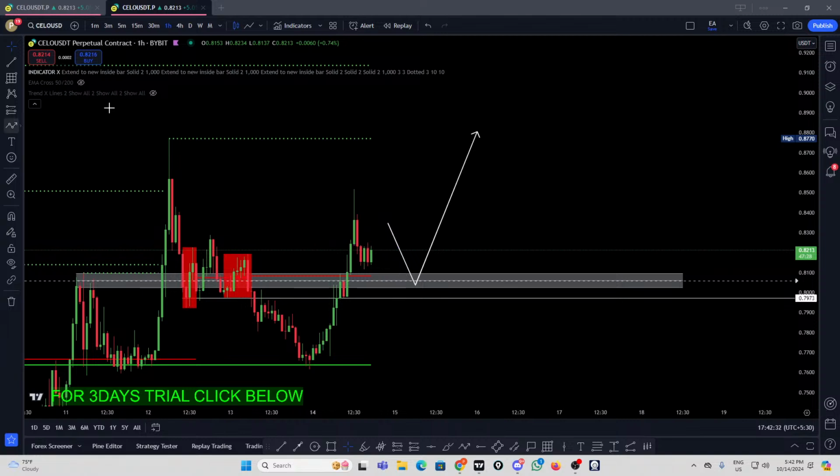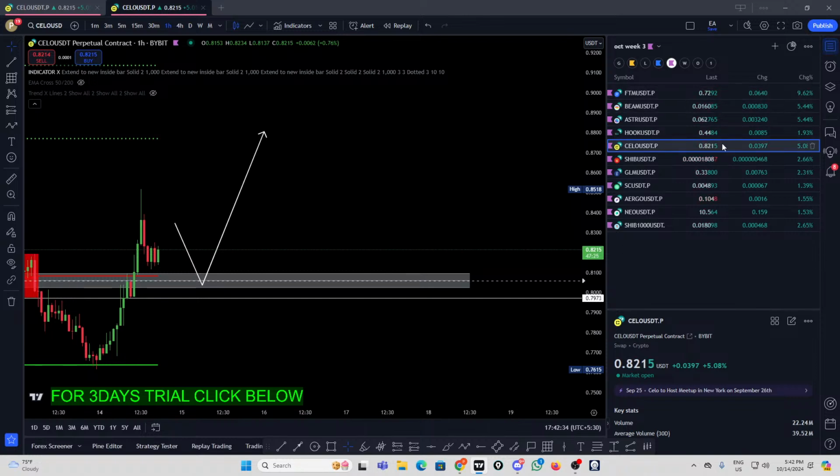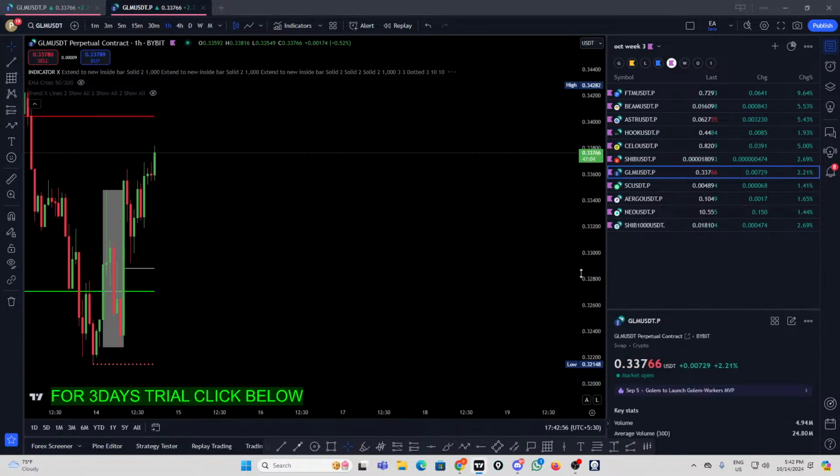And in these 10 tokens we are discussing, guys, remember these 10 tokens. We won't always get a good setup in all of them. So in these 10 tokens, I'll try to find the best setup. If I'm not getting any trade in, maybe GLM USDT, I'll just ignore it.